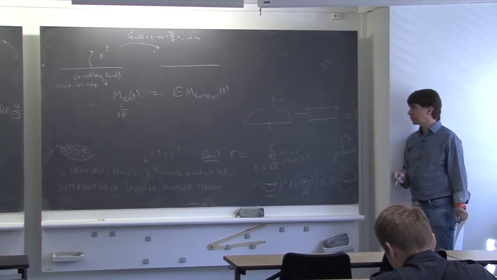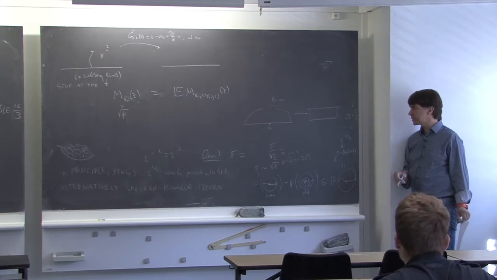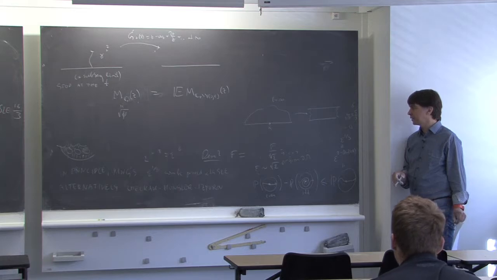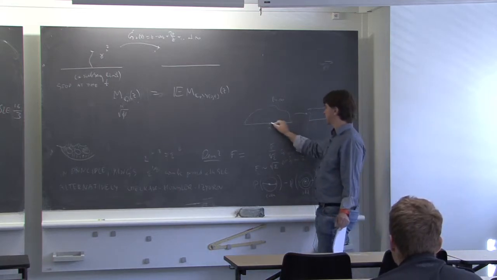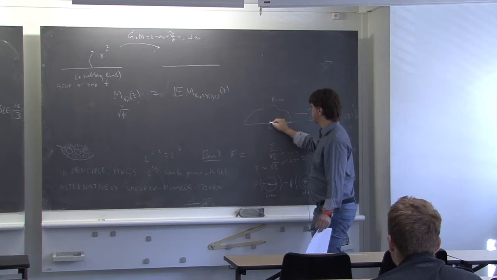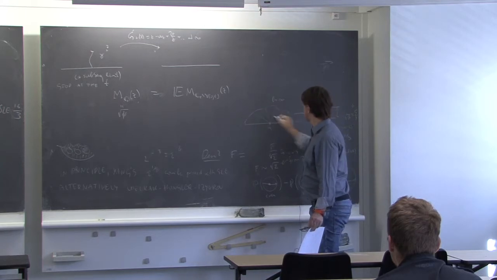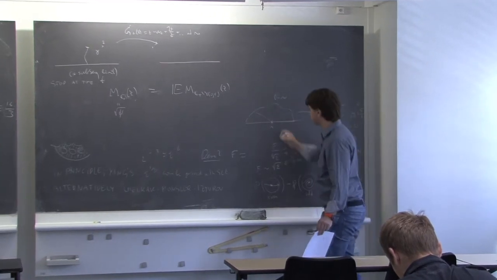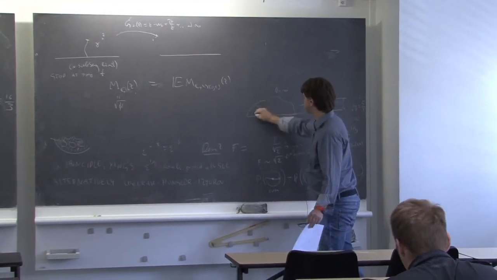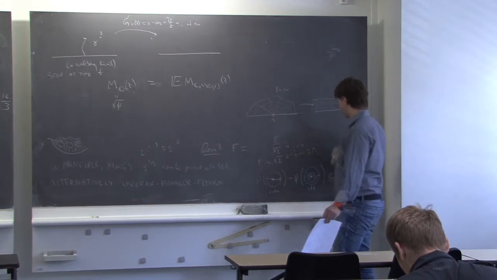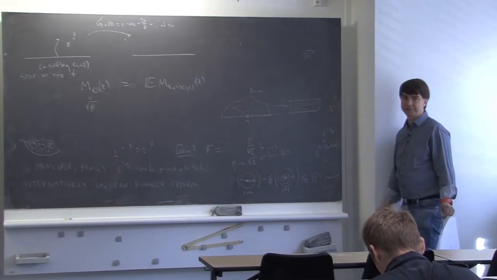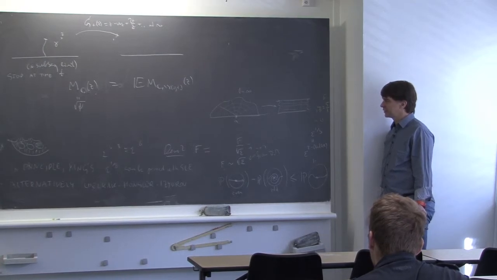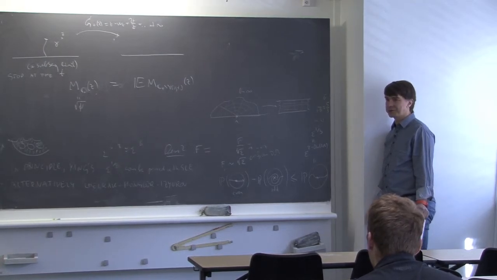So we want a map which sends 0 to minus infinity, infinity to plus infinity. Basically, it's clear that it should look something like this. So who does it? The most basic function in complex analysis.